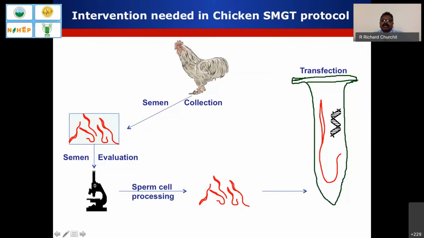So the naked DNA can be added, or the DNA mixed in liposome. That method is called lipofection. If you add liposome with the DNA, it will increase the efficiency of integration of the DNA into the sperm cells. And you can also use restriction enzymes in this combination. All these things, liposomes and restriction enzymes, will increase the efficiency of integration of the foreign gene into the spermatozoa genome.